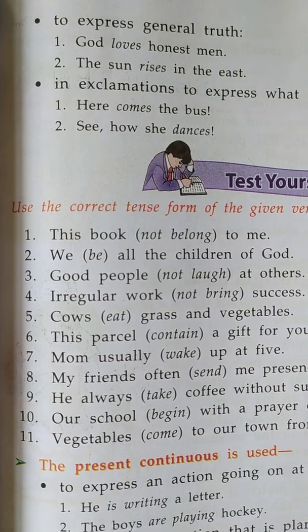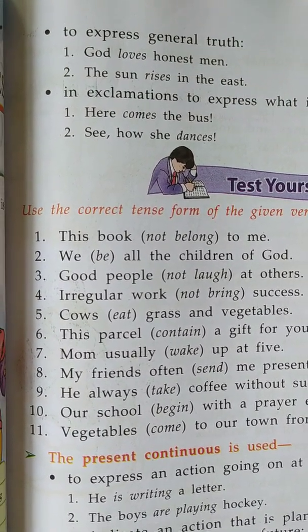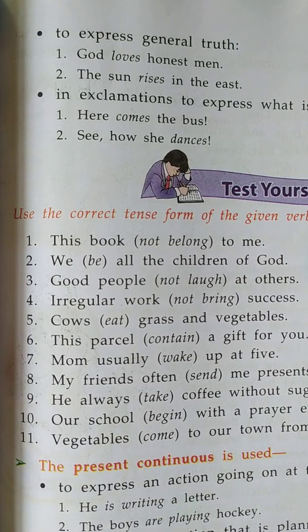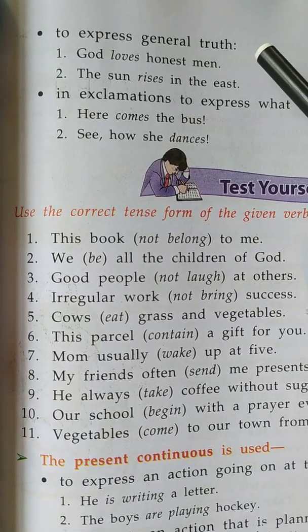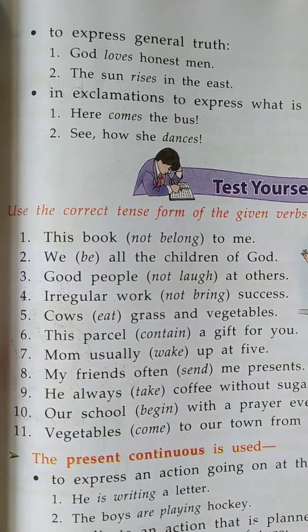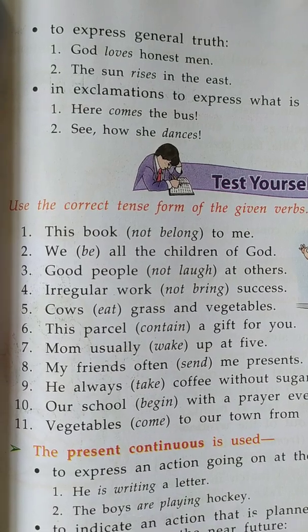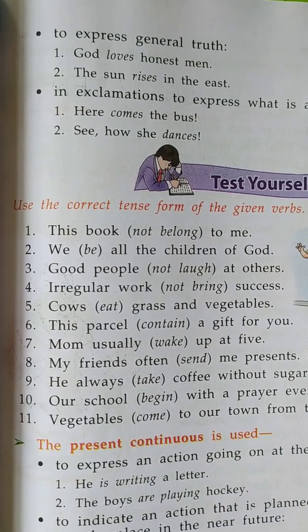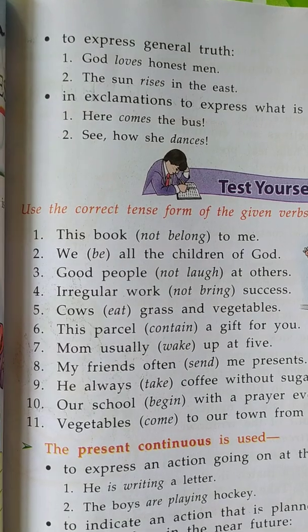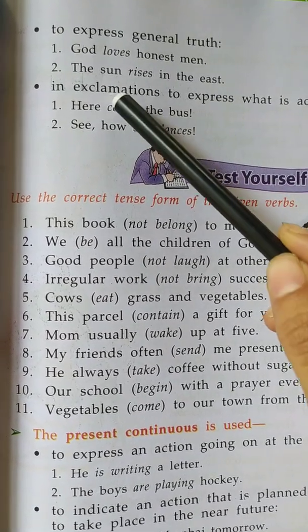These are the universal truths or general truths that we can't change. No one can change these truths. So, to express universal truth, we use present simple or present indefinite tense.